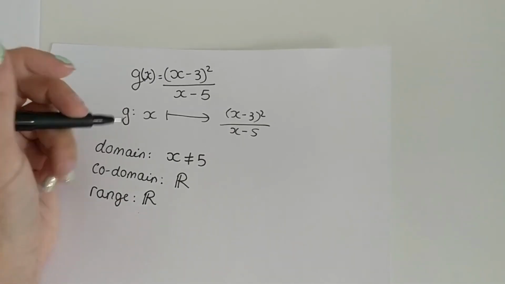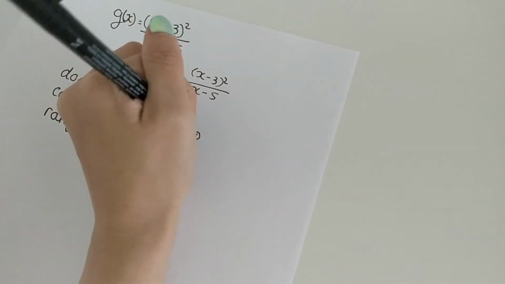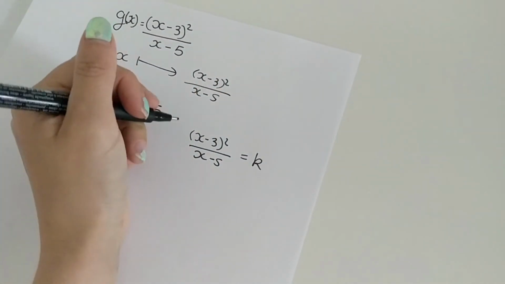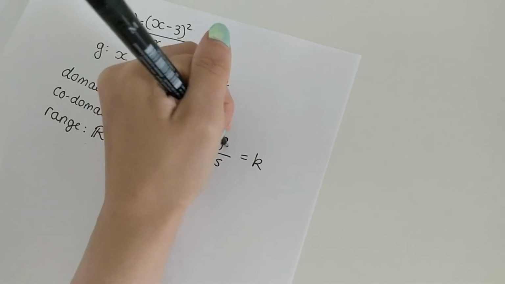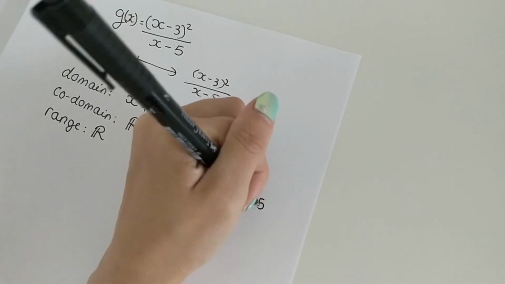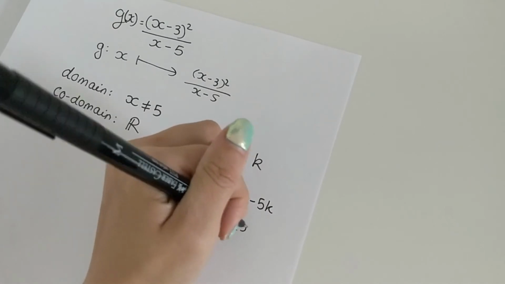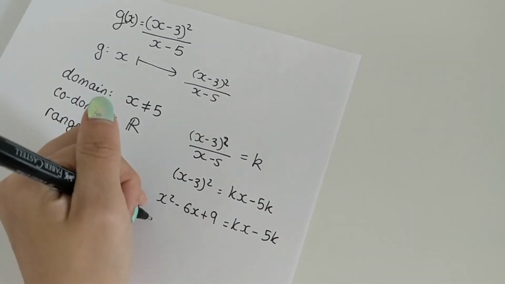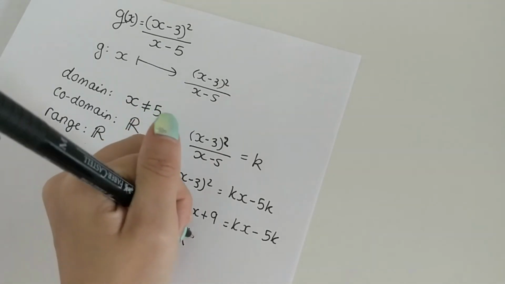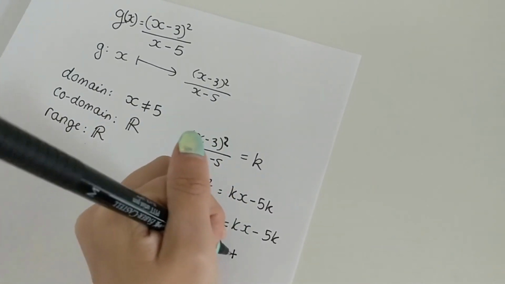You know what? One way I could work out if something's impossible, I could say, let's call it k. Let's find a value that's impossible. I'm going to times both sides by that. I'm going to expand this out. I'm going to take away that from both sides and take away that, no, add that.